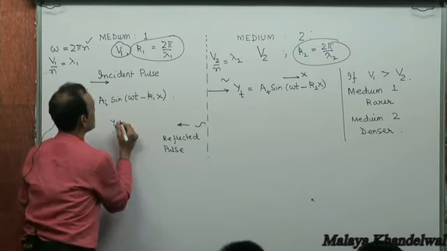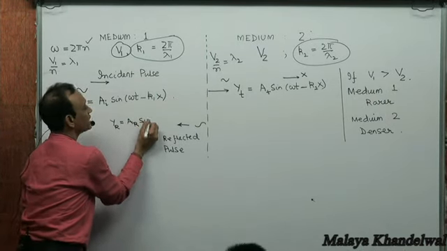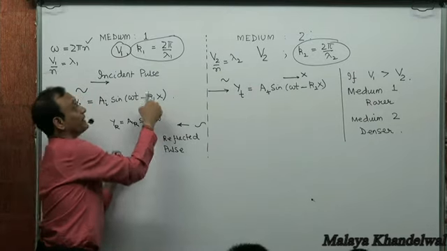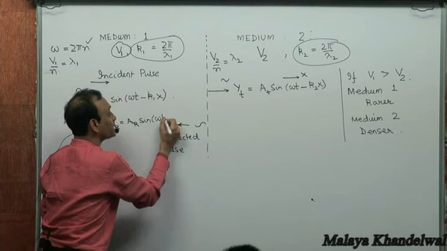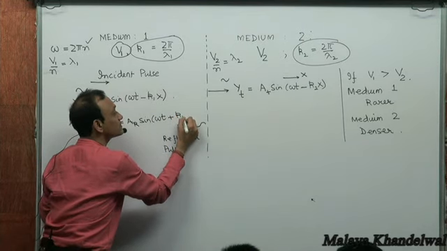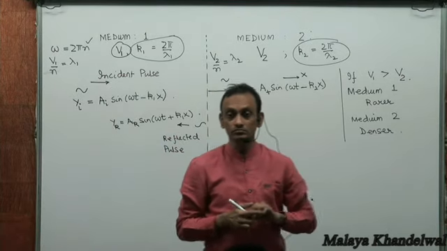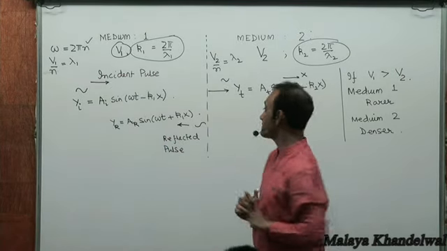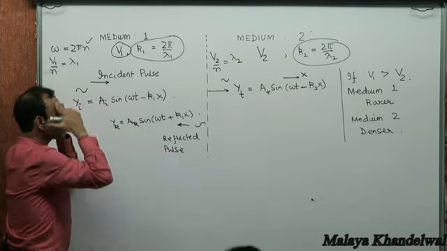So its equation would be A_R sin(ωt + k1x). k will remain the same because it's the same medium, so it will have k1 only. Yes or no? Right? Good.